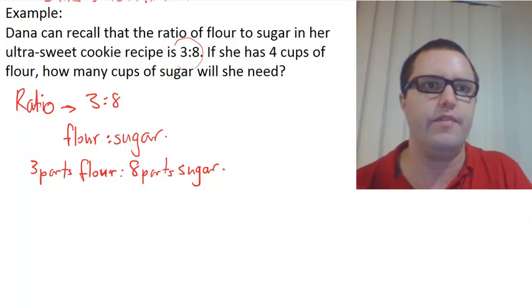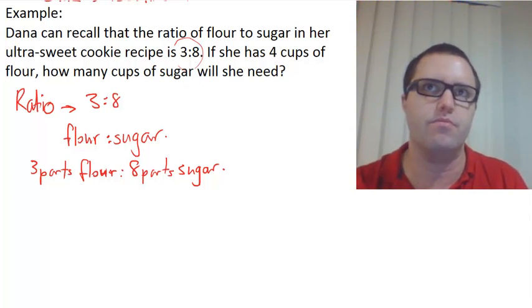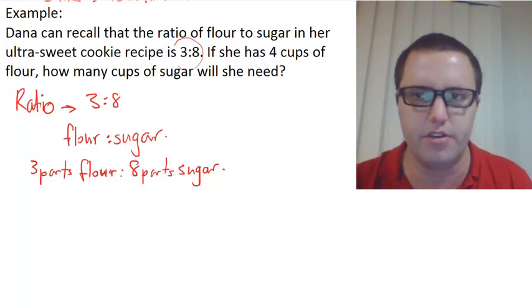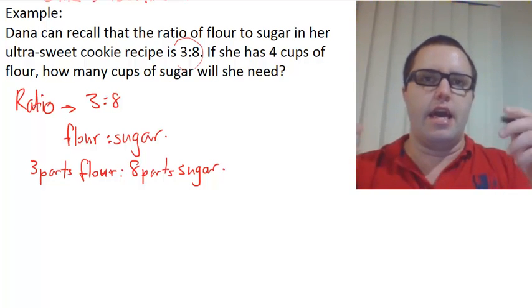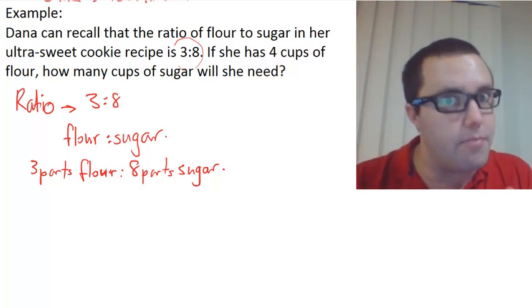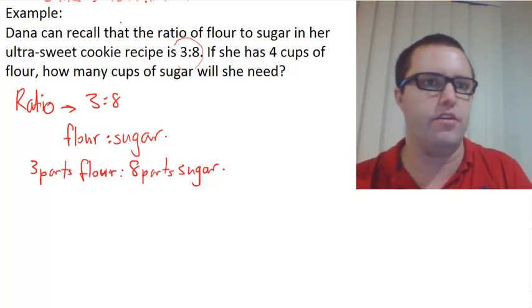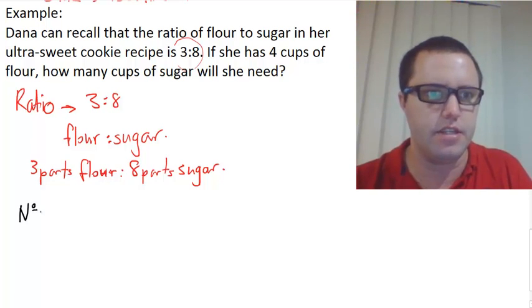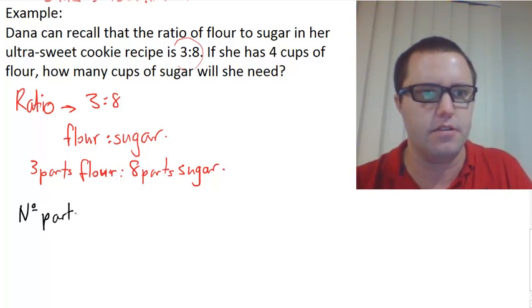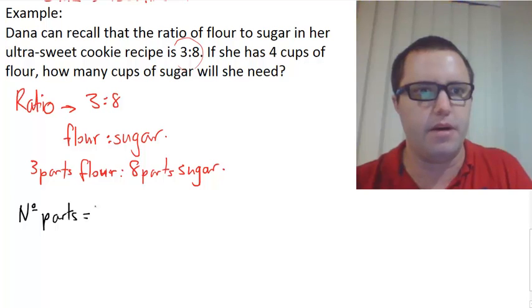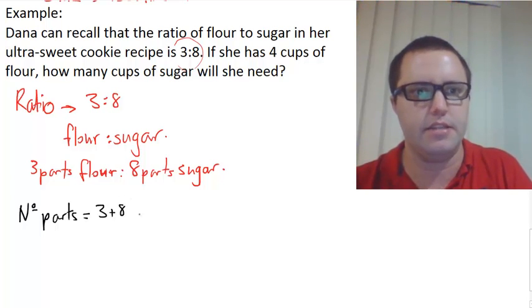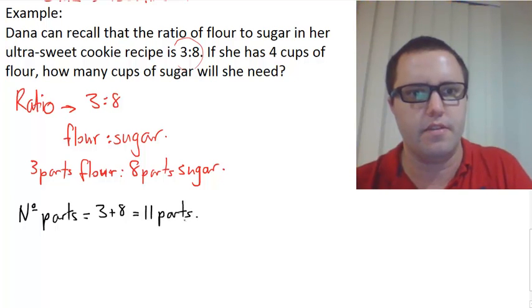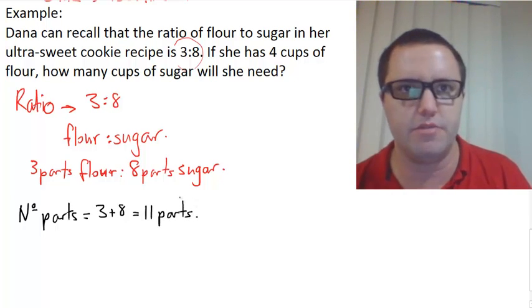Well, when we're doing these ratio problems, the first thing you want to ask is, what quantity is 1 part? So our first step is always asking ourselves, what is the number of parts? The total number of parts is 3 plus 8, which is equal to 11 parts. That's just a piece of information we should probably find out.